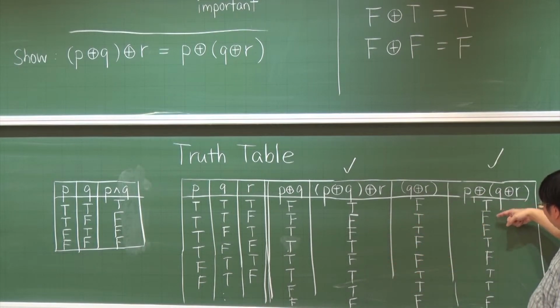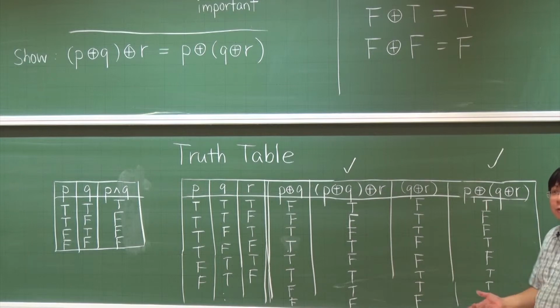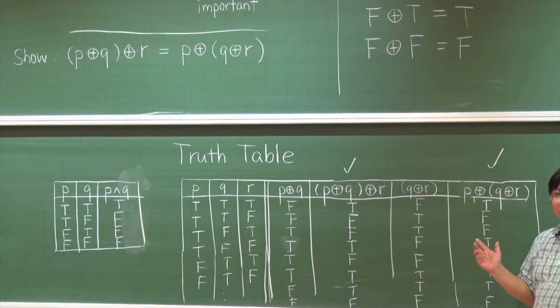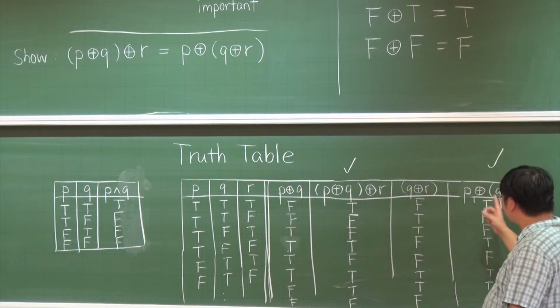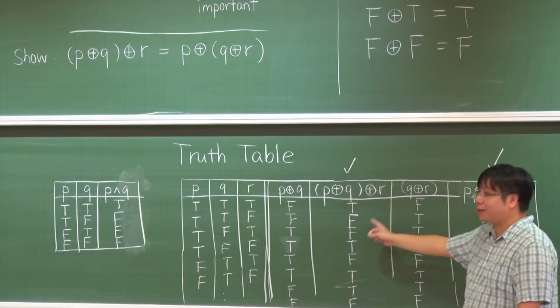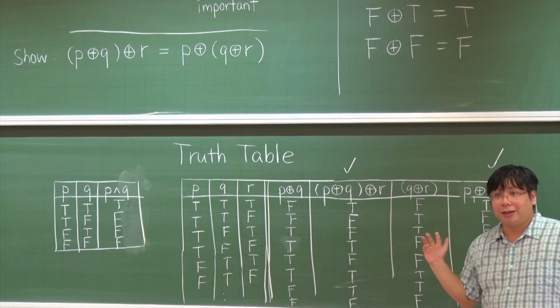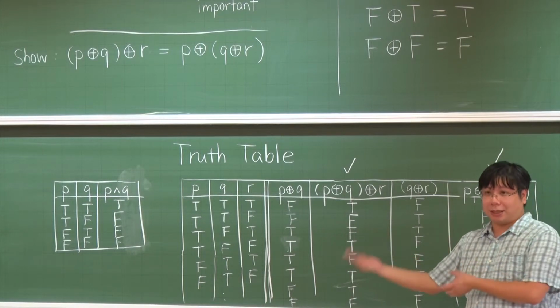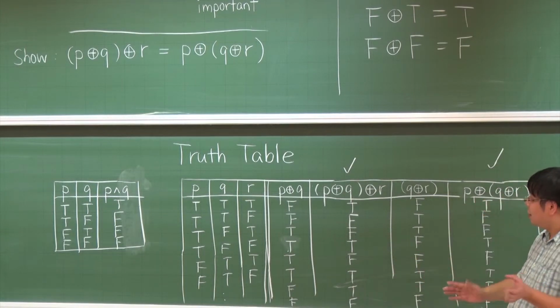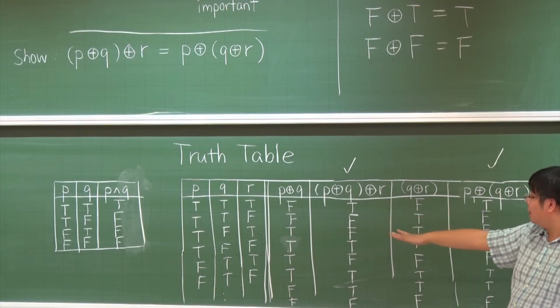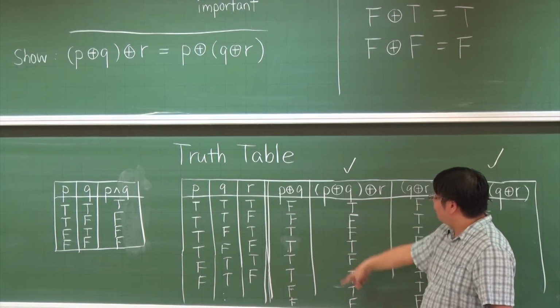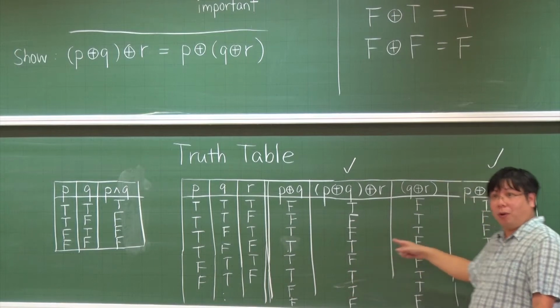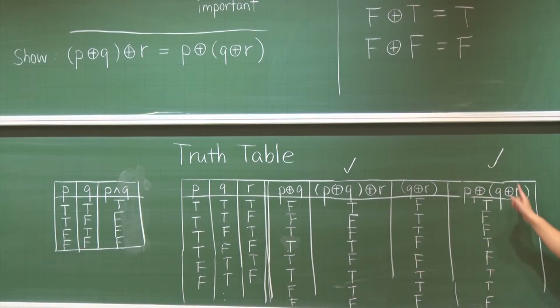Okay, true, false, false, true, false, true, true, false. And that's great, because whenever this is true, then this is true. Whenever this is false, this is false, and so on and so forth. Even though I don't know what P, Q, R are, what I know is that no matter what P, Q, R look like, the value of this proposition will always be the same as the value of this proposition.